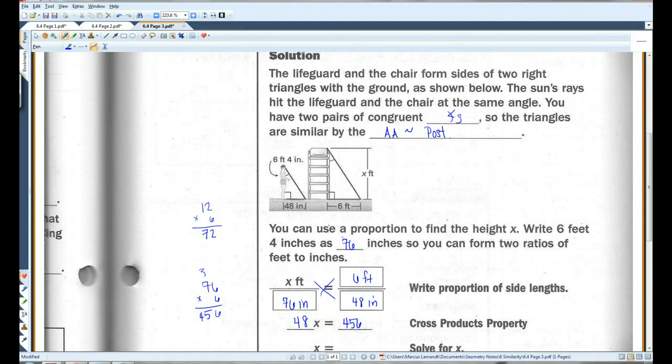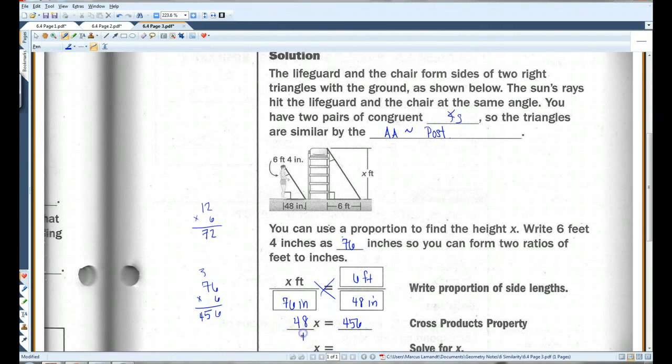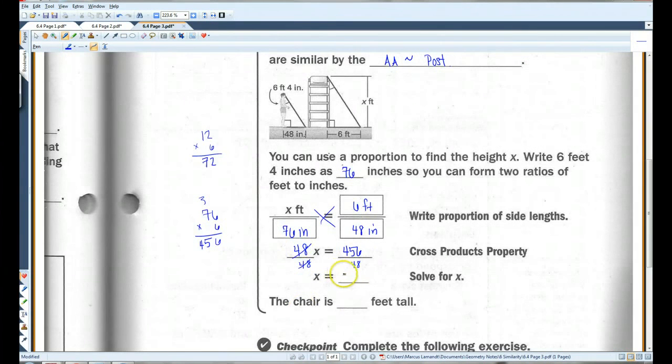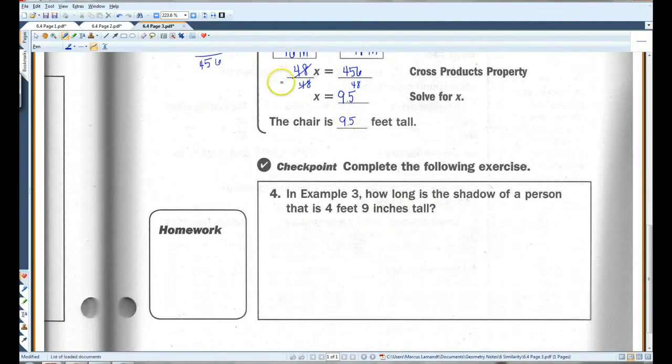I'm going to pull out the calculator. If I divide both sides by 48, I get 9.5. So the chair is 9.5 feet tall. And you guys can do the checkpoint. That's all.